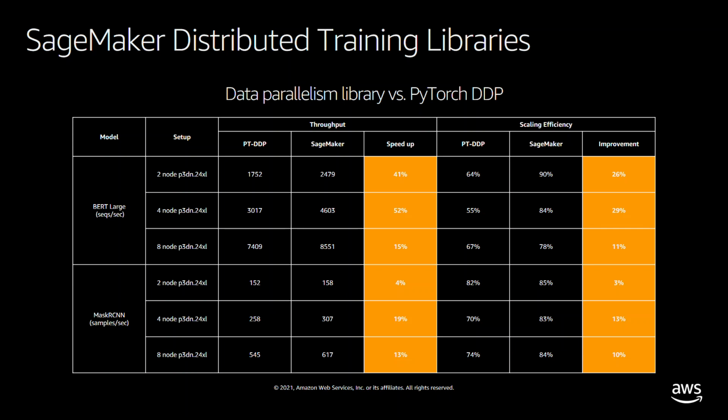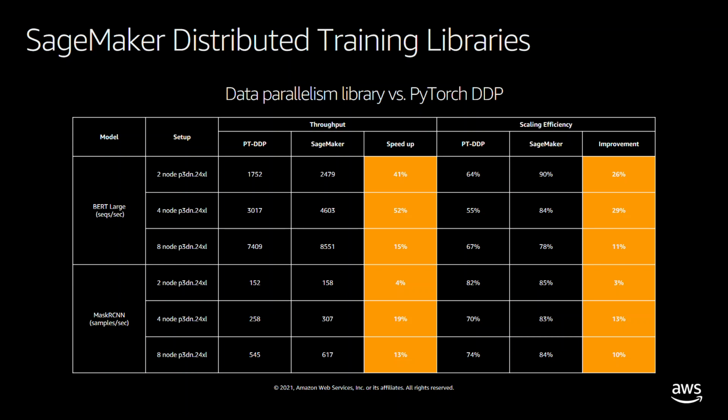So it's not just that the libraries make this process easier, it also is a very efficient implementation. This chart that you see on the screen here compares PyTorch Distributed Data Parallel, or DDP, which is PyTorch's open source implementation of distributed data parallelism, to the SageMaker libraries for distributed data parallelism.